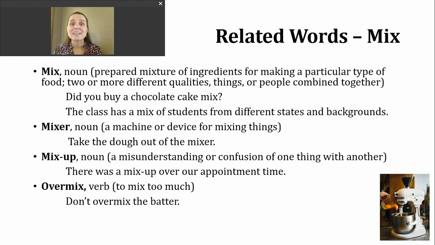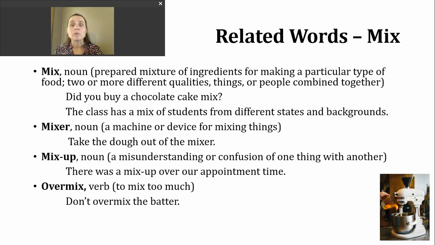So if you think about going to the grocery store, you might picture in your mind different mixes, where you're going to have to combine fewer ingredients when you're at home. So there are pancake mixes and cookie mixes. And my example sentence here references a different type. Did you buy a chocolate cake mix?